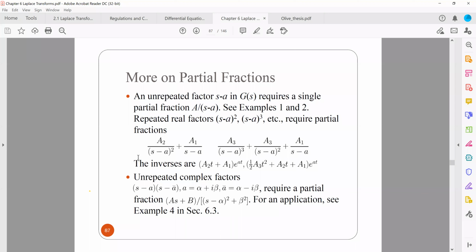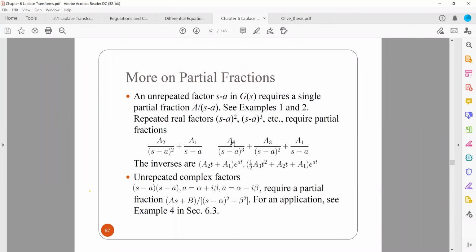You'll have one with s minus a squared and another one with s minus a. If the term is s minus a cubed, then when you're doing partial fractions, you should also have another term. This should be A2, by the way. This was a mistake in the book. Make sure you change this to A2.